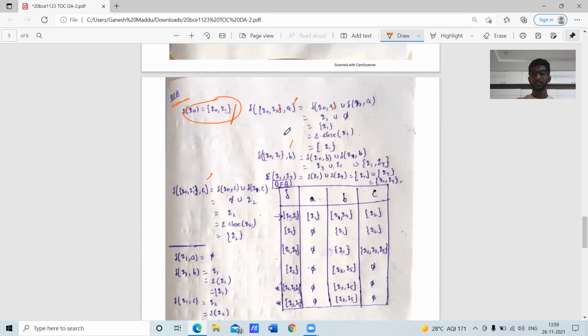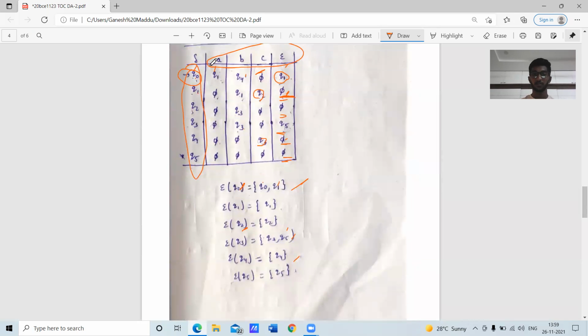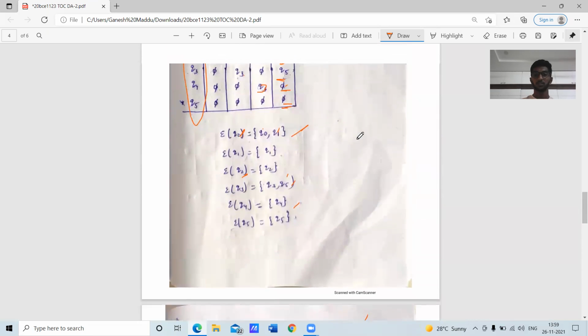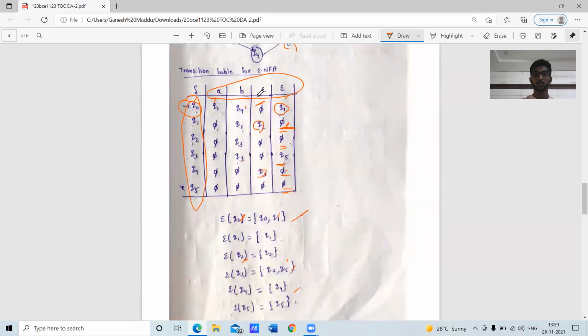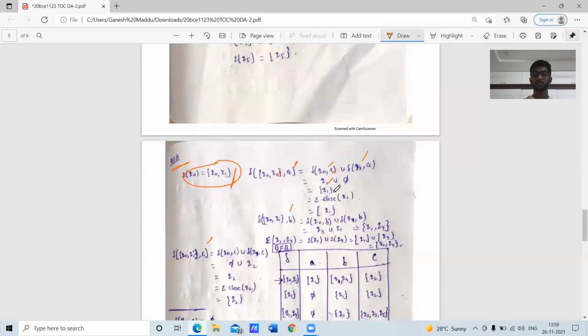For A, we are getting Q0 comma A and Q1 comma A. For Q0 comma A, from Q0 by using A, we will move to Q1. For Q1 comma A, there is none, just null. The union is Q1, and the epsilon closure of Q1 is Q1.